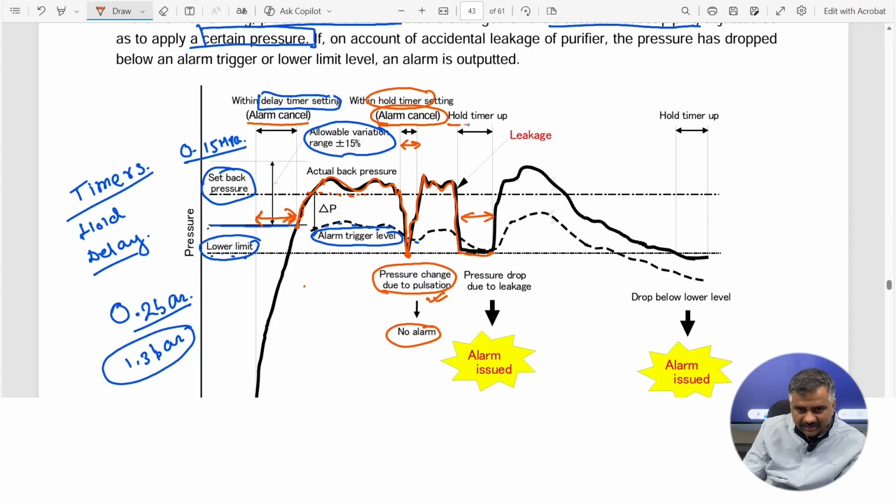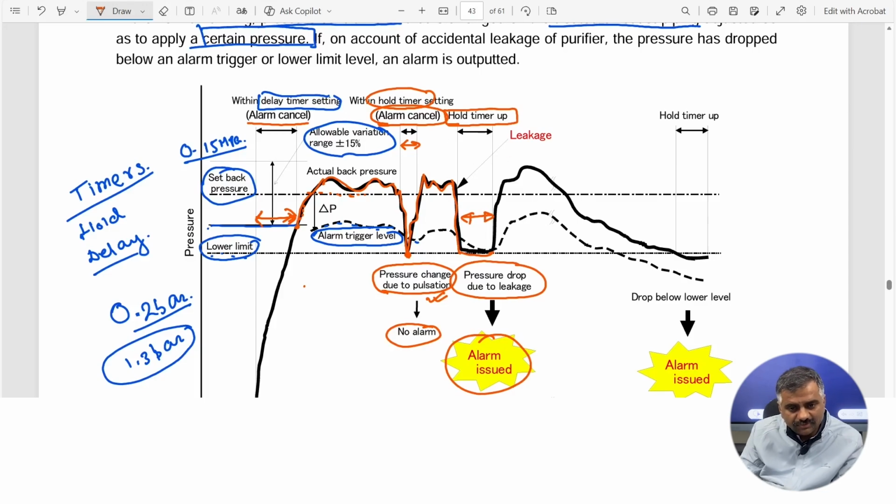So the hold timer, which was there to hold the alarm during the running period, has measured a pressure drop due to leakage. The flow rate has reduced in the output line, so the alarm has been issued. So the leak alarm has now come. As soon as the hold timer setting is exceeded, you will get a leak alarm.